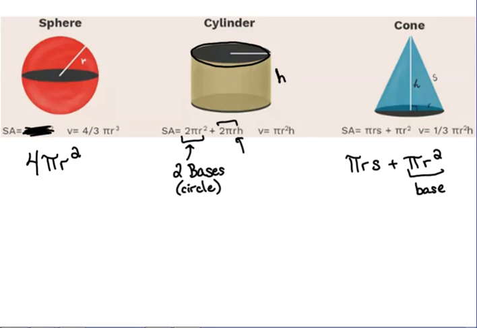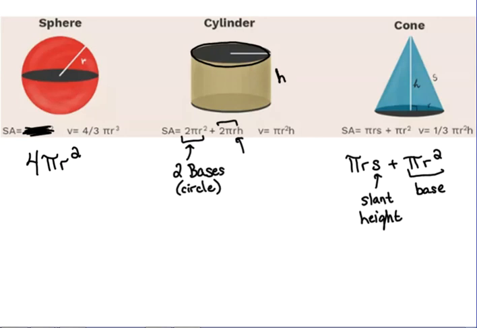Notice the s labeled on this picture. That's the slant height. It's the height of your cone from the tip to the outside edge of the cone. H is the height from the tip perpendicular to the base. Those are two different values. Sometimes they will give that to you. Sometimes you may have to use the Pythagorean theorem to figure it out, because that is a right triangle.